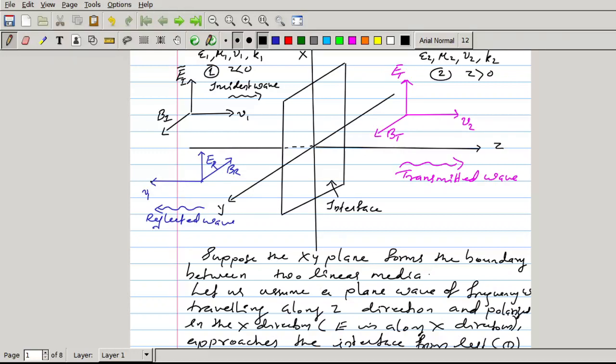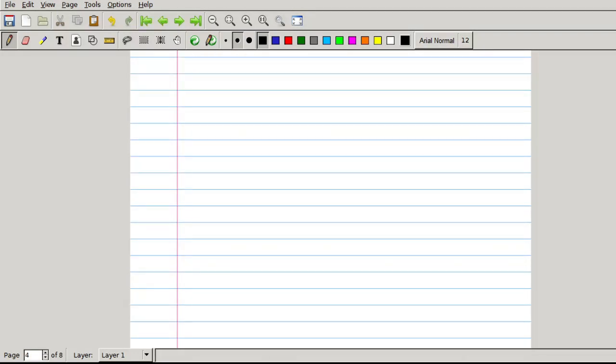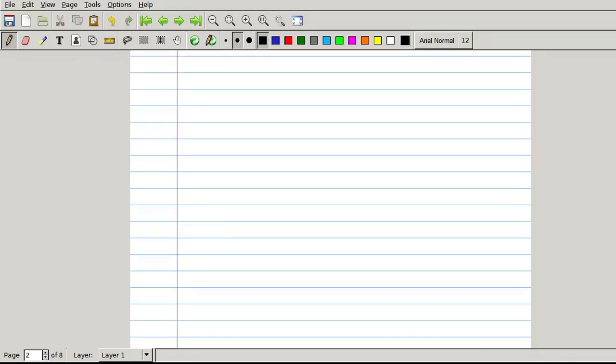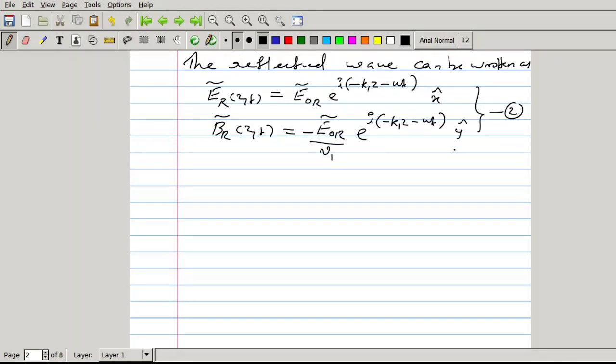When you take k cross E, k is along negative z direction, so k cross E will be along the negative y direction. Generally, B equal to k cross E by omega.